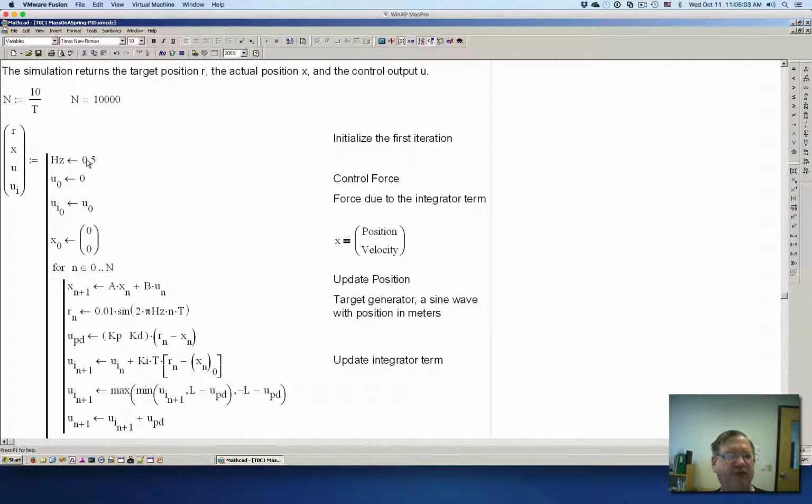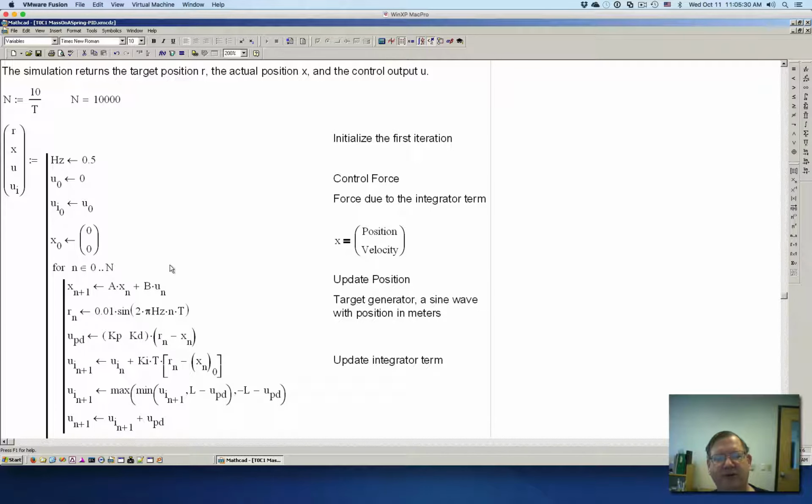So I'm choosing a frequency of 0.5 hertz, and this is actually pretty extreme and usually not possible. It's usually very difficult to go at a frequency higher than the natural frequency of your system, because in the physical system the gain starts to drop off very quickly. So you need more and more force to compensate for that.